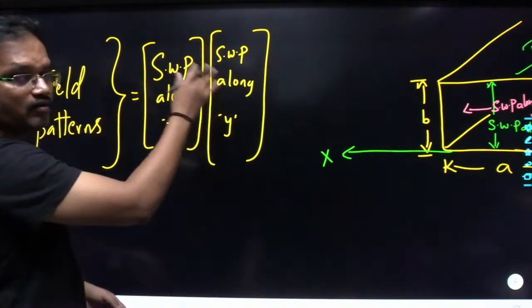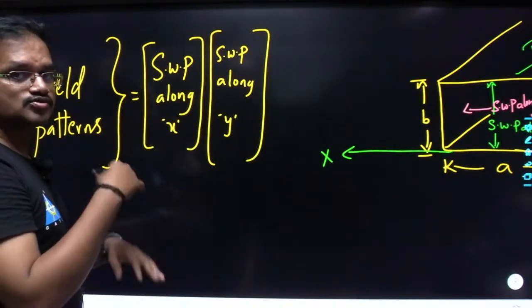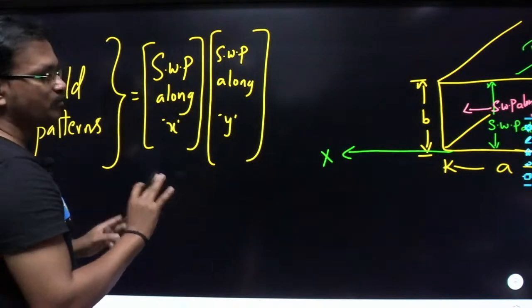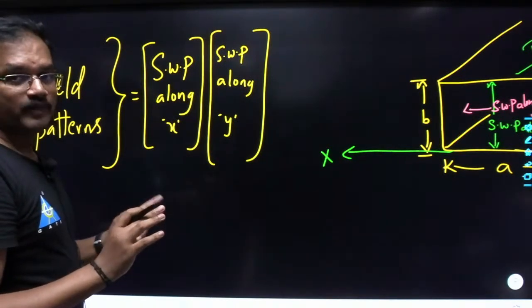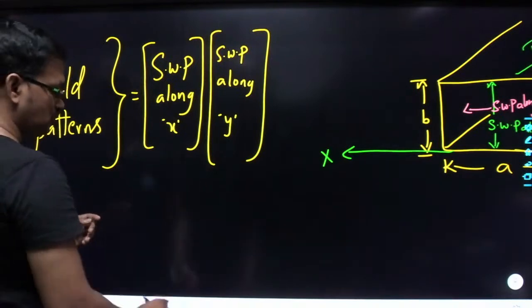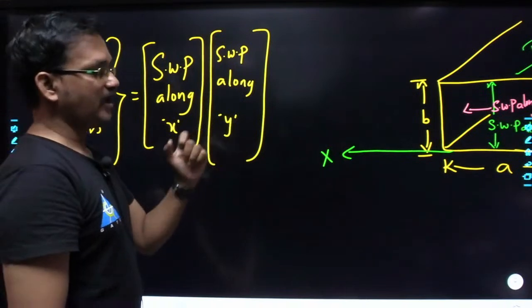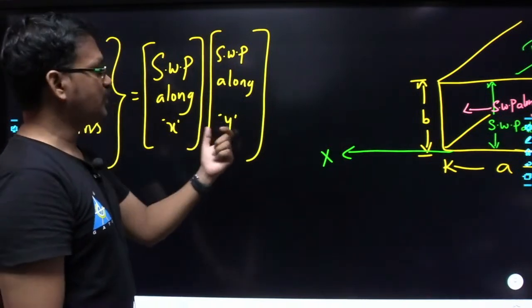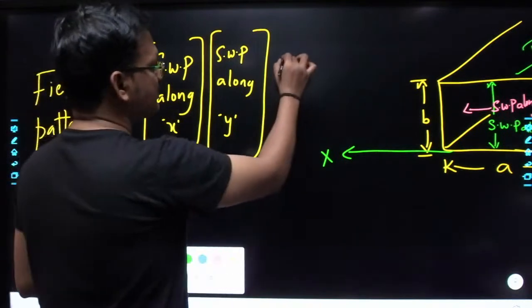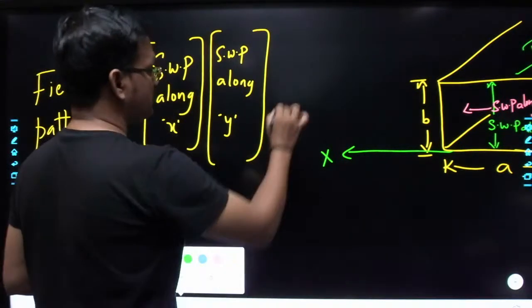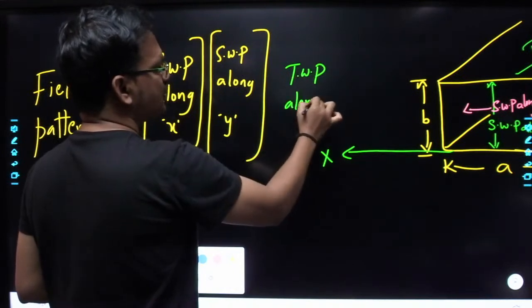As you move along y, you are moving between another two conducting plates placed at y equal to 0 and y equal to b. So between any two conducting plates you must have a standing wave pattern, and you must have the traveling wave pattern along z.